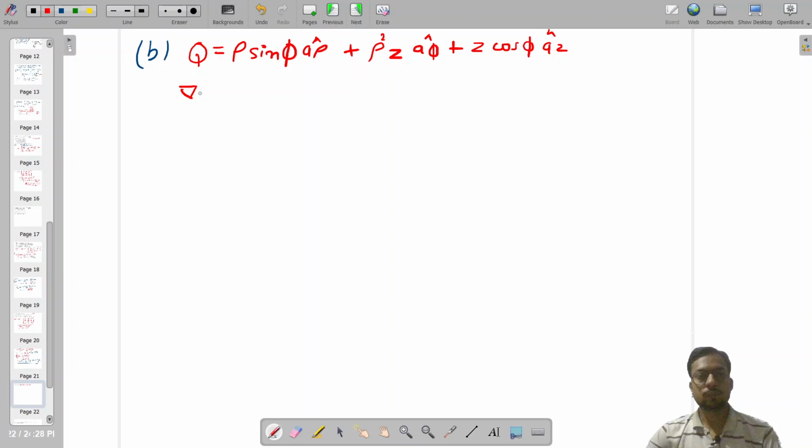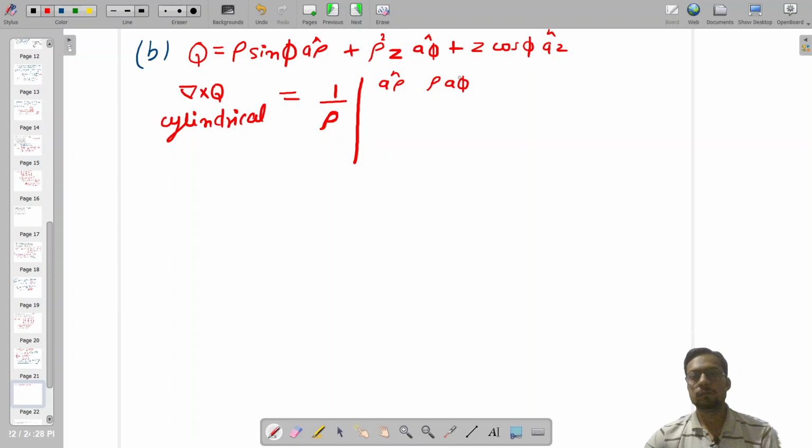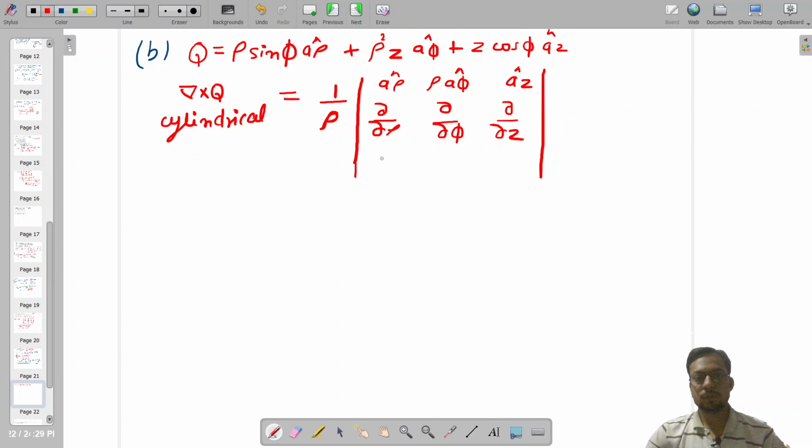So we take del cross Q in cylindrical. We have 1 upon rho times the determinant with a rho, rho a phi, a z, then del upon del rho, del upon del phi, del upon del z, and we have rho sin phi, this is rho square z, and this is z cos phi.